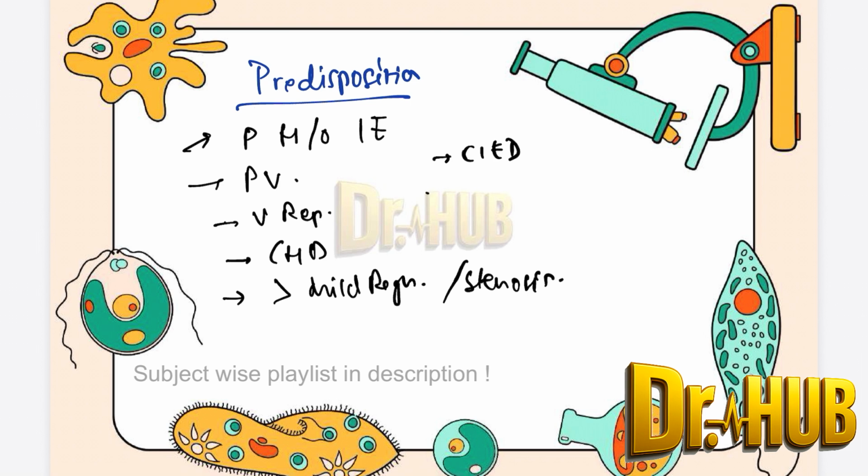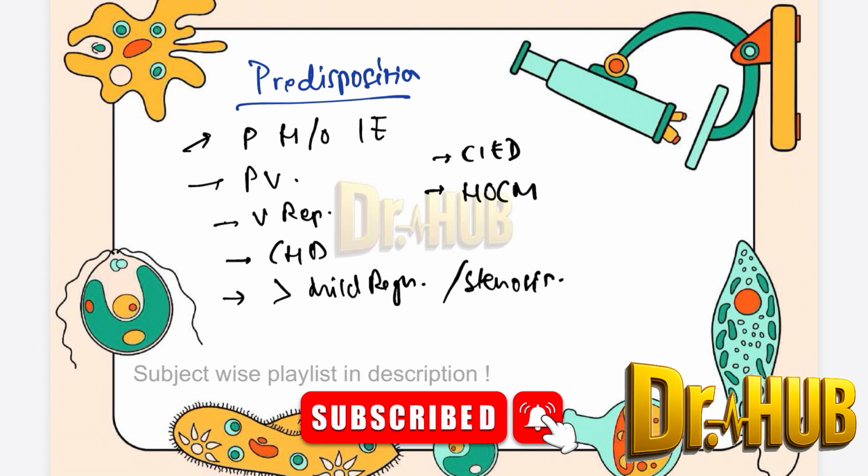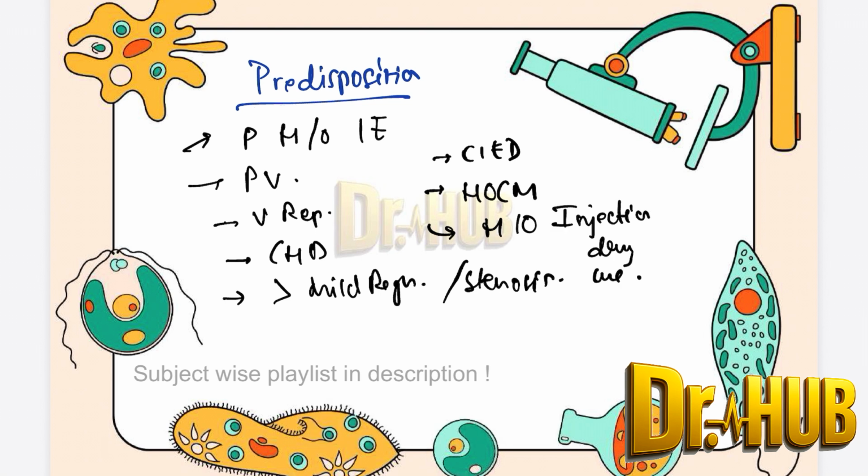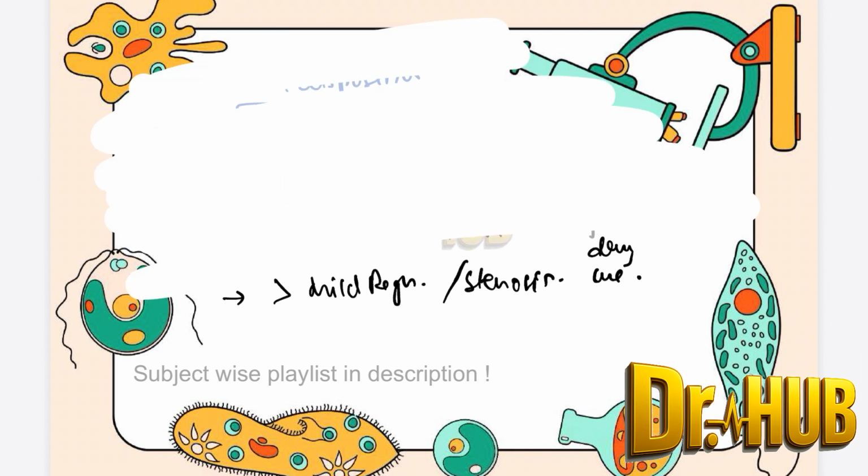Then comes hypertrophic obstructive cardiomyopathy, HOCM, as well as history of injection drug use. So this was about the predisposition under the minor criteria.